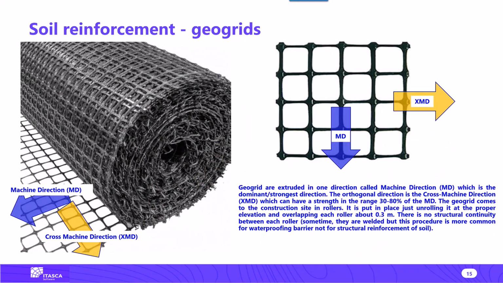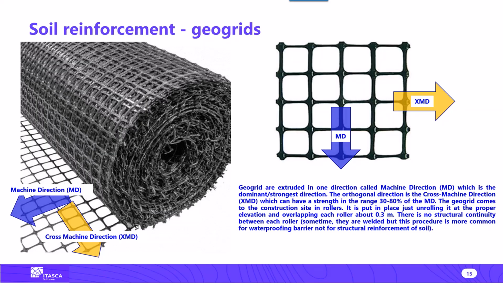Okay, let's talk a little bit about the other potential elements that are in a system, the reinforcement. Internal reinforcement could be made with geogrids. Typically, geogrids that are used for reinforcement have a machine direction and a normal machine direction. Typically, the machine direction is the dominant one.